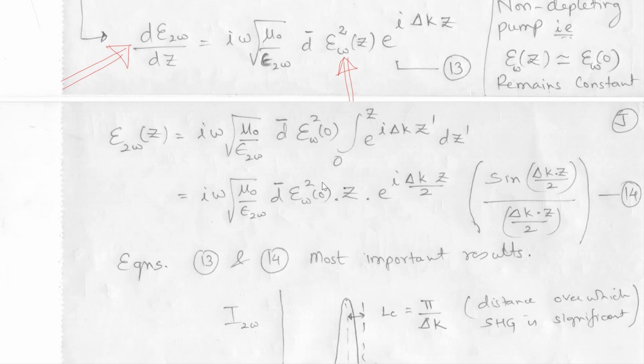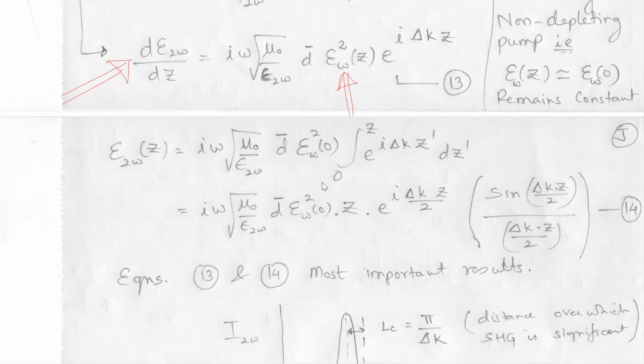So we make another approximation which involves assuming that this particular field at omega is a non-depleting pump. What that means is that the field strength remains the same across my nonlinear medium. E at omega at z is the same as what it was at the starting of the material, which is at z equal to 0. So it remains constant.